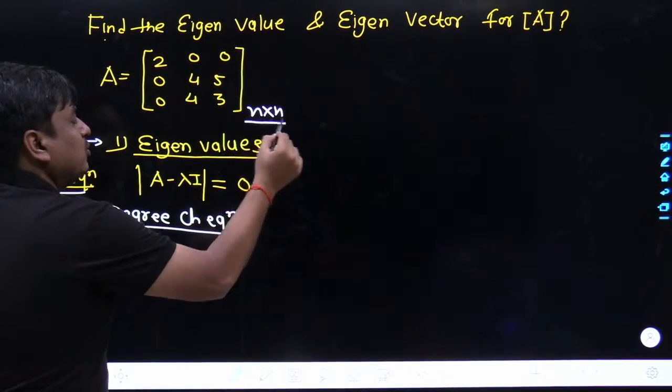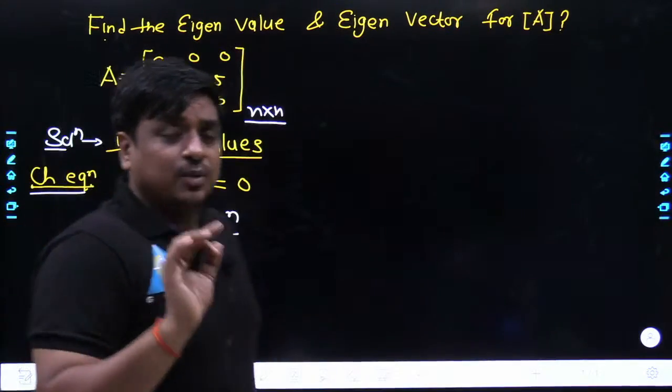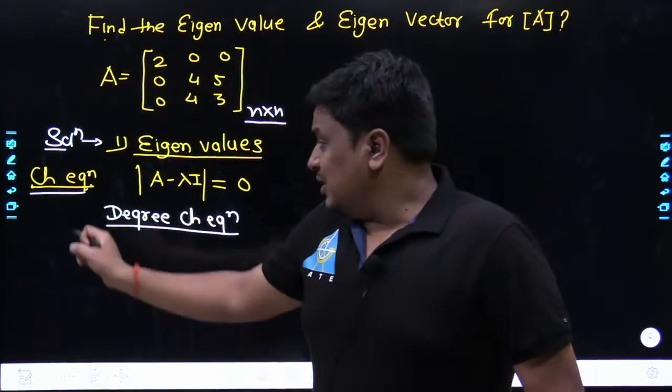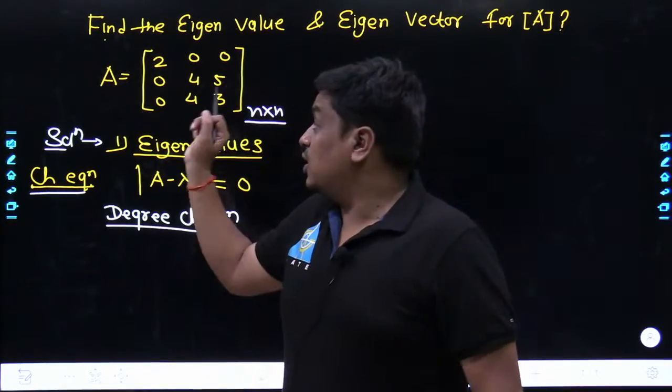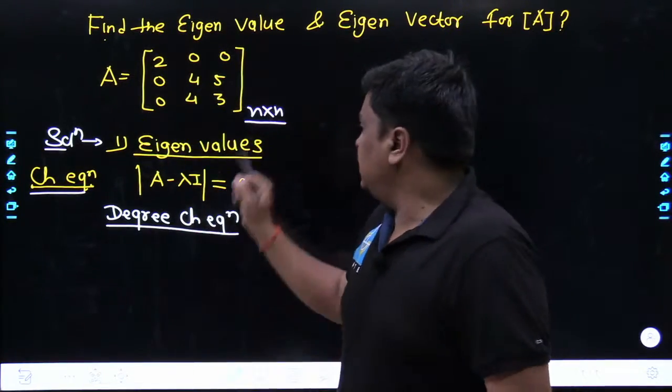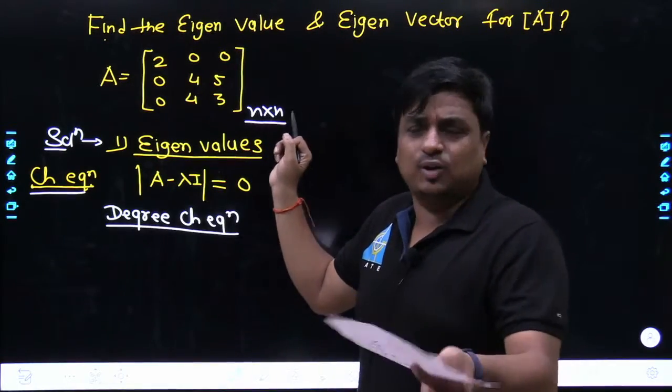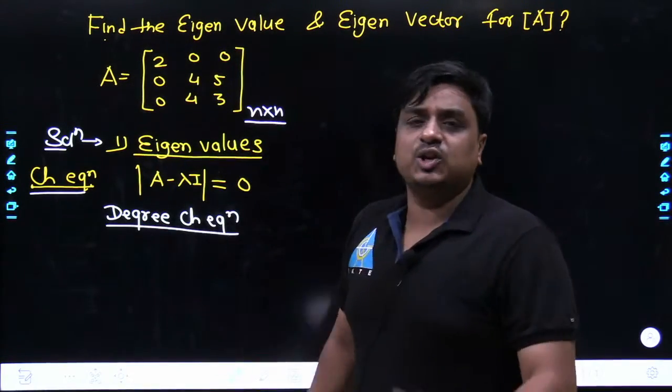So from here onwards, at least you can remember one thing: the degree of the characteristic equation is always equal to the order of your square matrix. Like here the order is n cross n, that means 3 cross 3. So the degree of the characteristic equation is going to be 3.